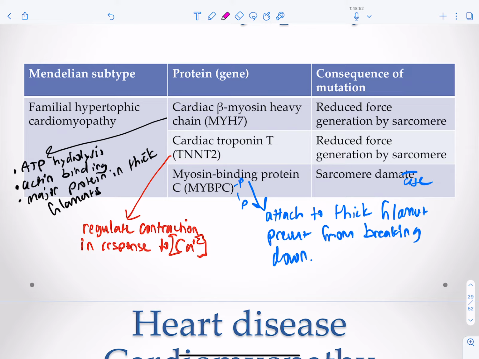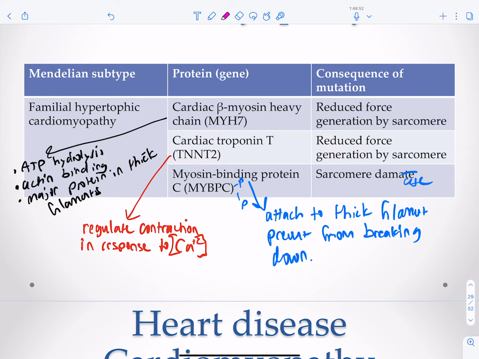Your cardiac troponin T is found only in the heart muscle. It's one of the three proteins that are going to make up troponin protein in your cardiac muscle. And so it's important in regulating muscle contraction in response to elevations of calcium. And so again, a loss of function of that would reduce force again.